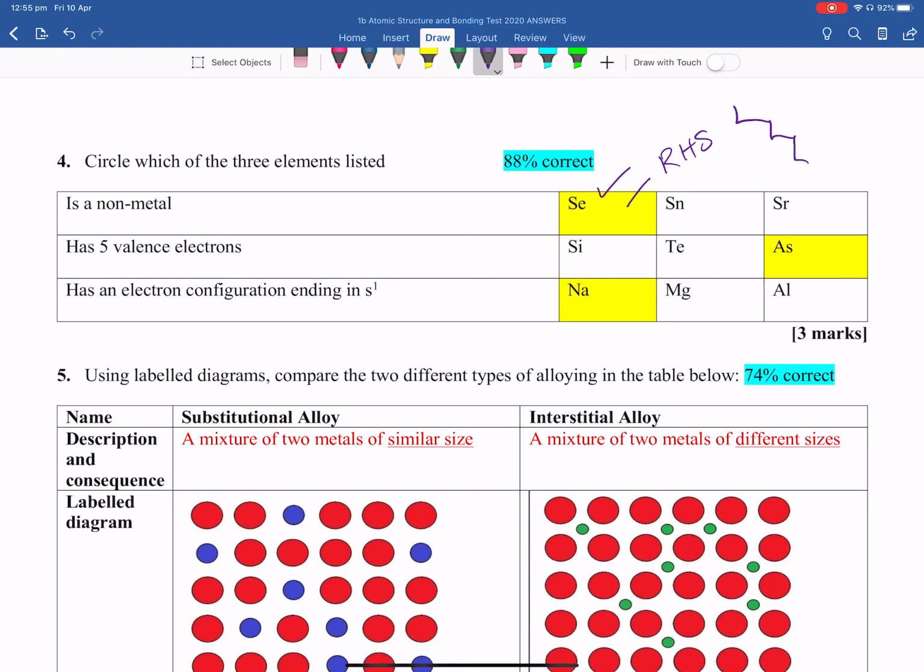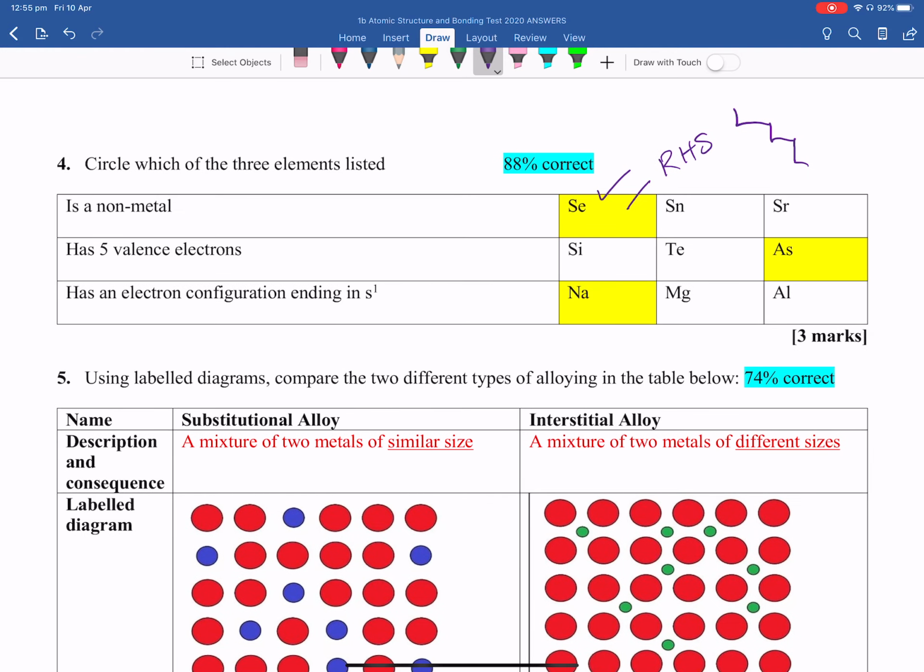So that is a non-metal. Sn is tin, so that's definitely a metal. Sr is strontium, and it's in group 2 as well, so therefore it's definitely a metal.